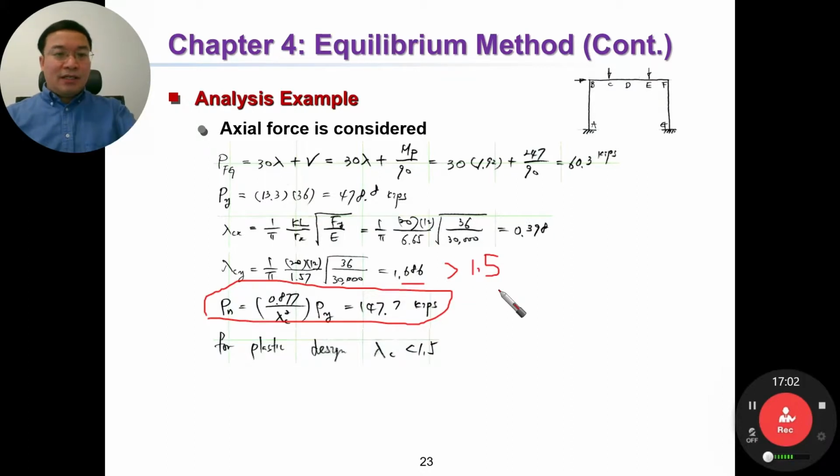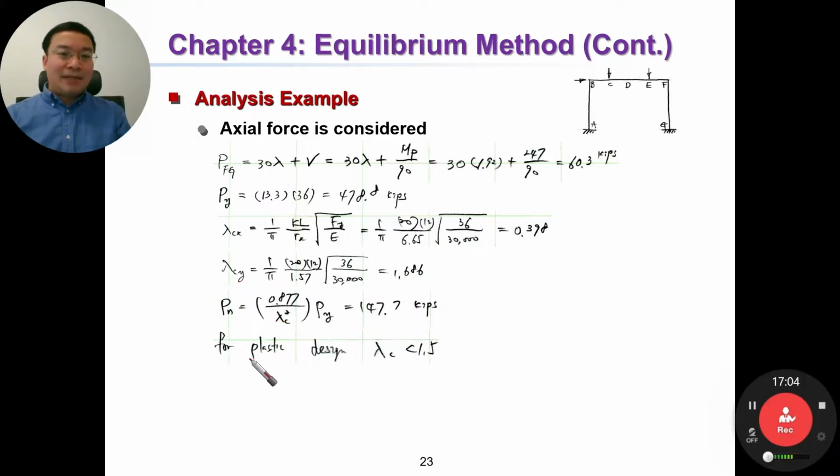However, for plastic design, lambda should be smaller than 1.5. Okay, so what should we do? This is the elastic case, but for plastic analysis, for plastic design, we need lambda smaller than 1.5.